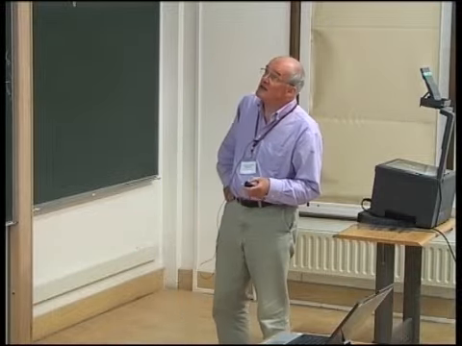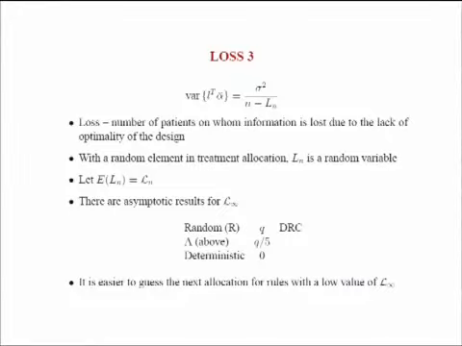So the loss due to this randomization over a large number of trials is the number of patients on whom information is lost due to the lack of optimality of the design. So with a random element in the treatment allocation, in any trial going along, Ln is going to be a random variable, and it has an expectation. There are asymptotic results for a few kinds of trials.